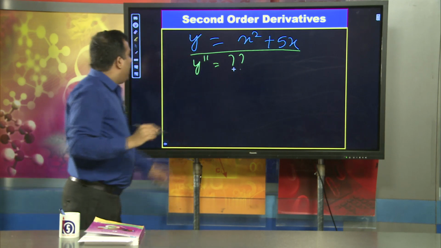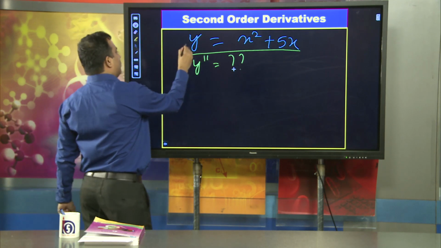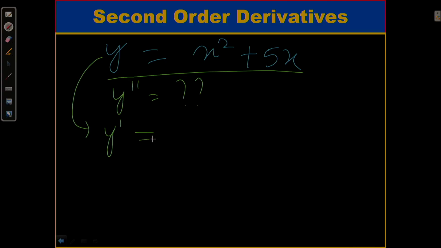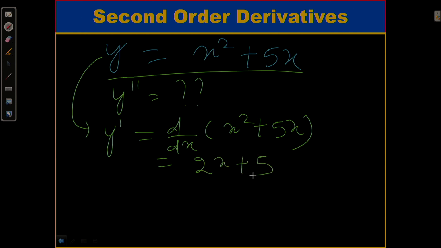First we have to find y dash. y dash equal to the derivative of x square plus 5x, which we know is 2x plus 5. This is y dash, and this is dy by dx.